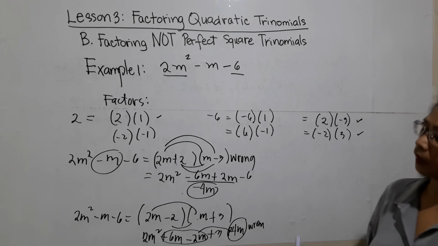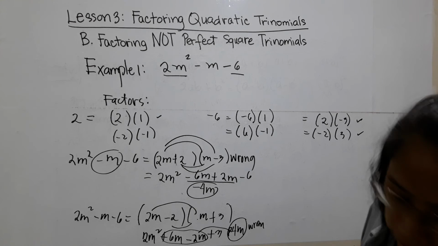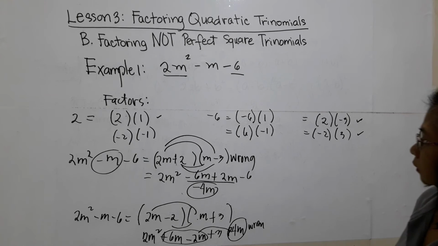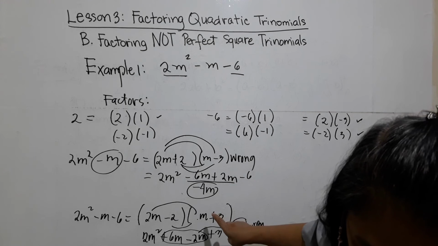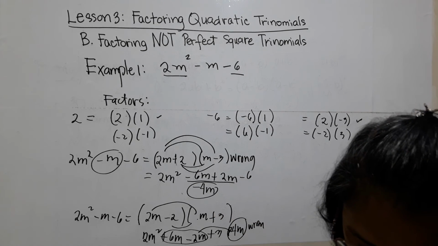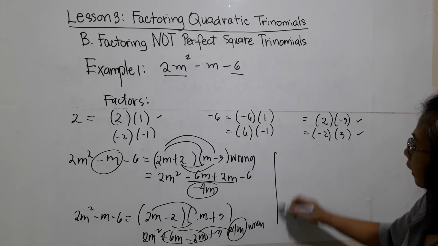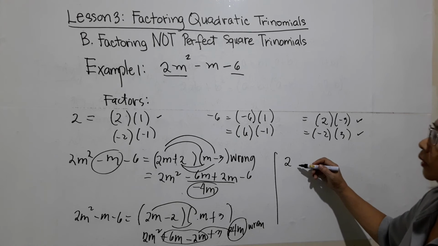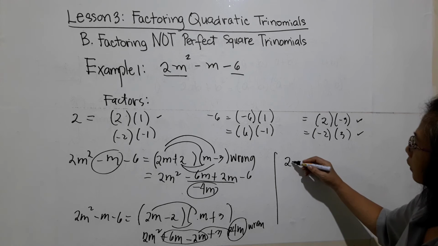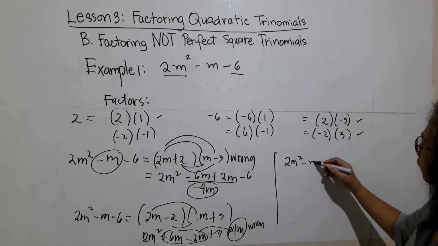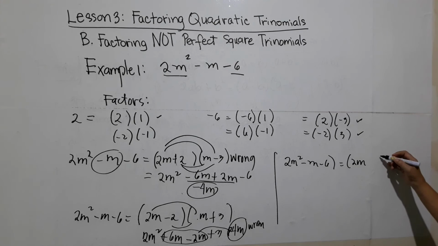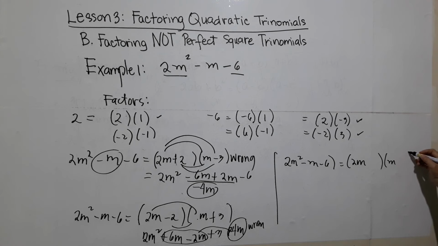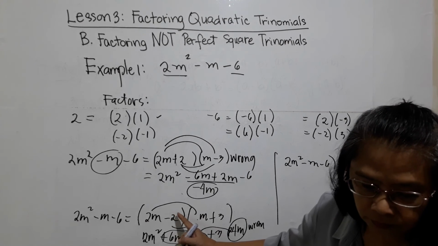Maybe the problem is on the placing of the factors. So we can interchange the factors of negative 2 and 3. So maybe let's have another trial. I told you we should have trial and error here to be able to find the factors. Minus 6. So we can have 2m and m here.